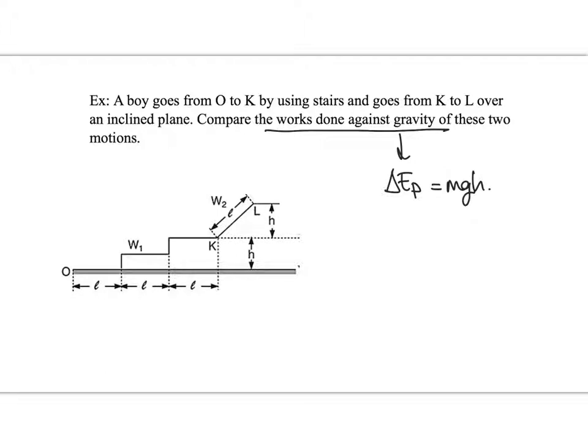So when the object rises from the position O to K, you see that it has a vertical distance h. So at K, it has the potential energy which is equal to mgh. When it goes from K to L, it again displaces a vertical distance of h. So the potential energy gained from K to L is equal to again mgh.